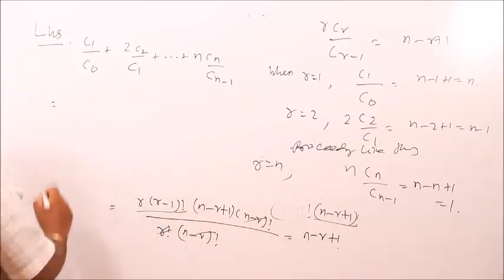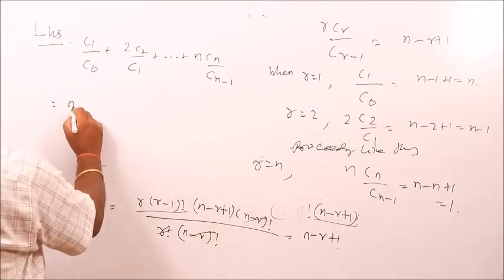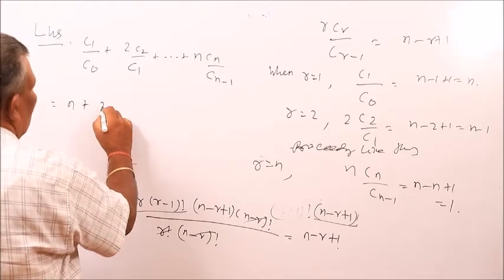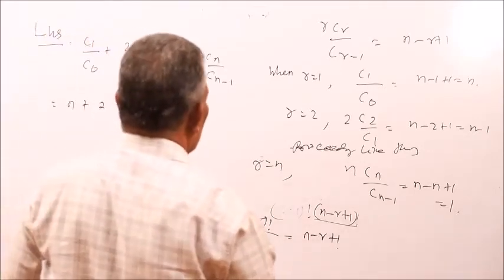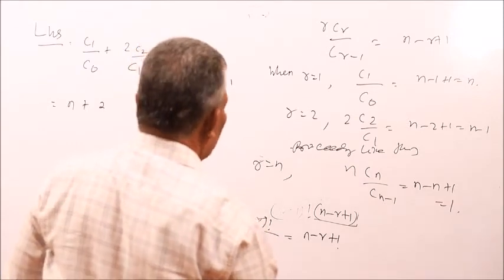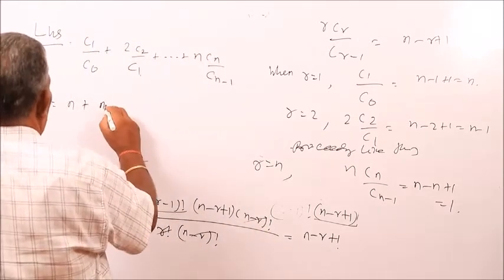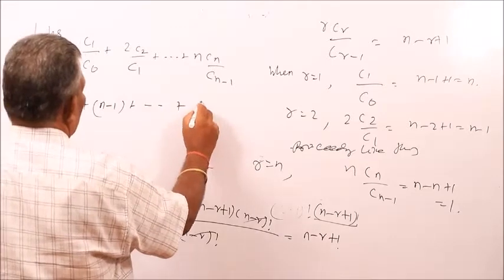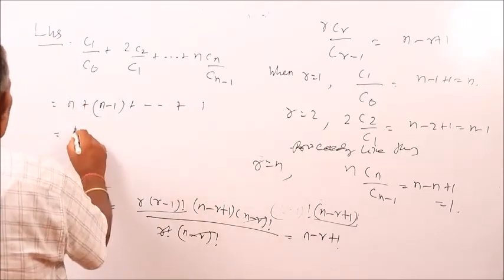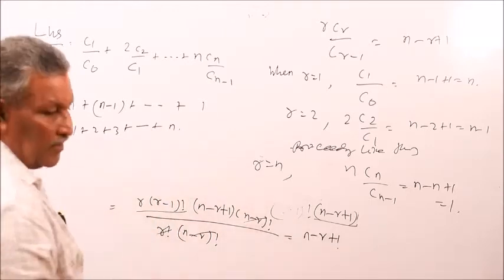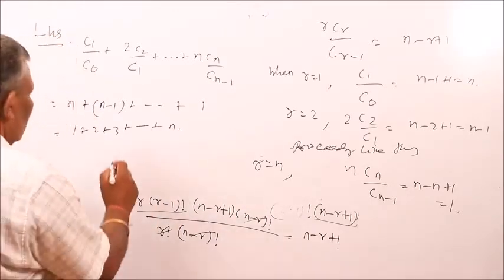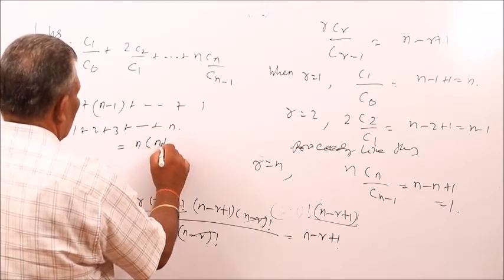We have the first term C1 by C0 equals n, the second term, r equal to 2, that is n minus 1, like this, and the last term is 1. We can write it like this: 1 plus 2 plus 3 up to n. You know the sum of the first n natural numbers is n into n plus 1 by 2.